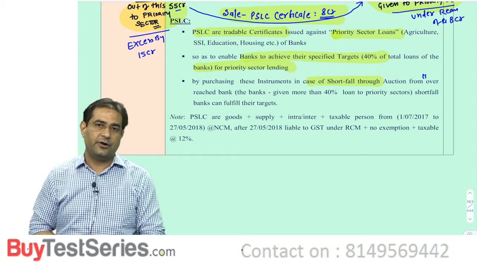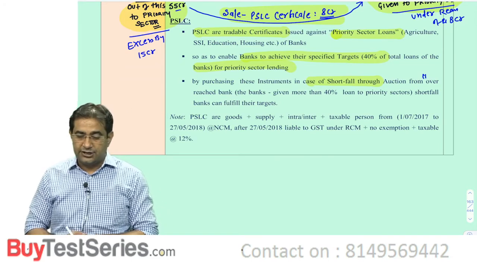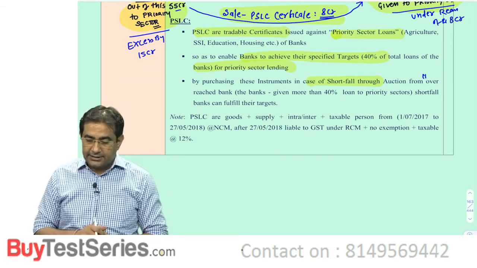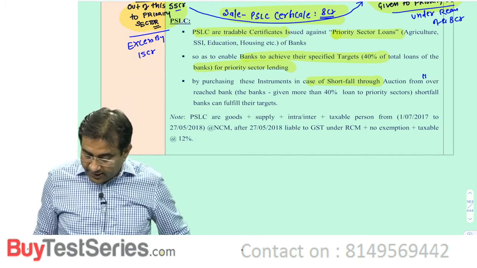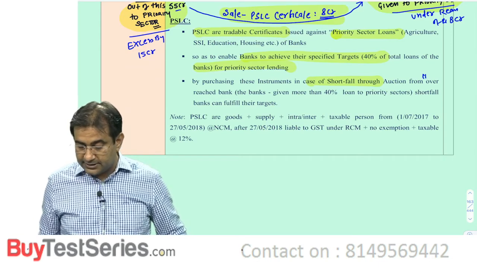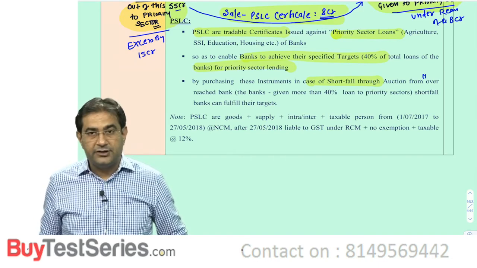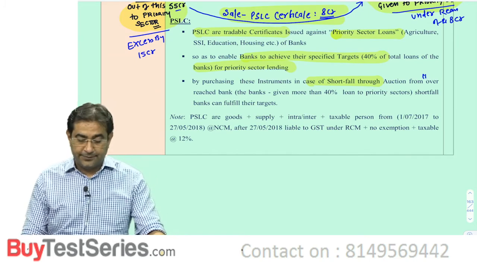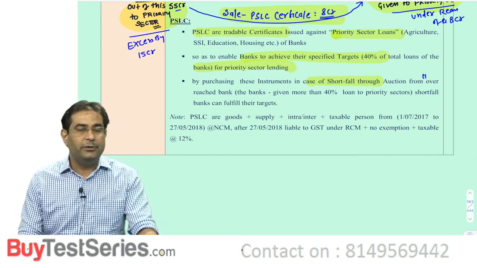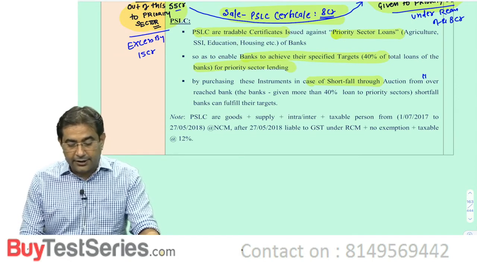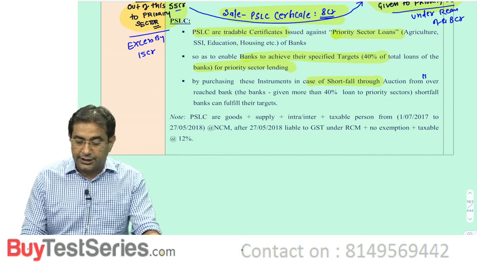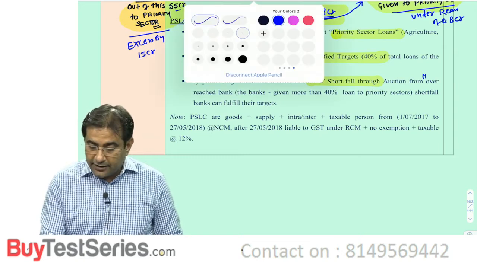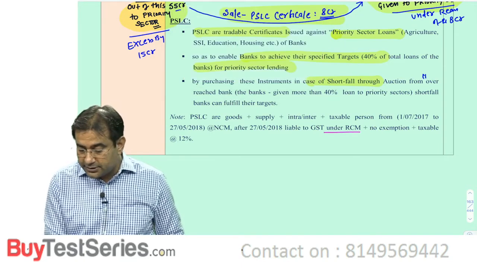For your kind information, the rate of GST on the certificate is 12% and it is liable to normal charge mechanism or reverse charge mechanism. Earlier, from 1st July 2017 to 27th May 2018, it fell under normal charge mechanism, and after 27th May 2018 it is liable to GST under reverse charge mechanism. That is, as of now it is liable to reverse charge mechanism.